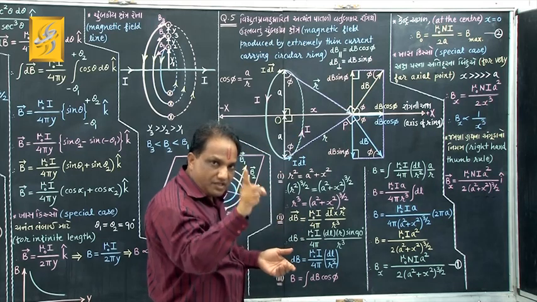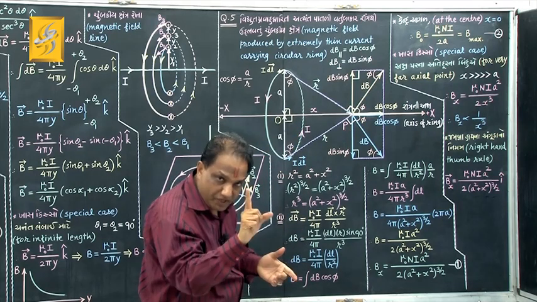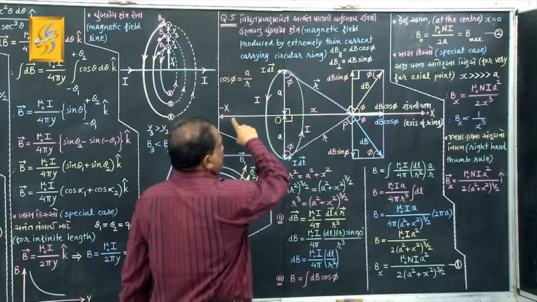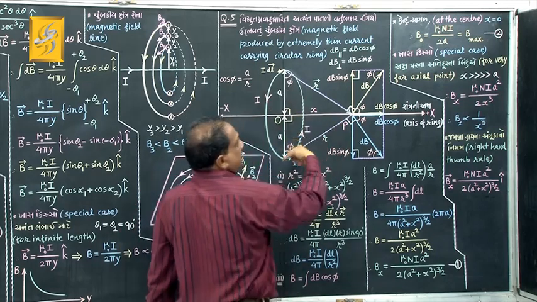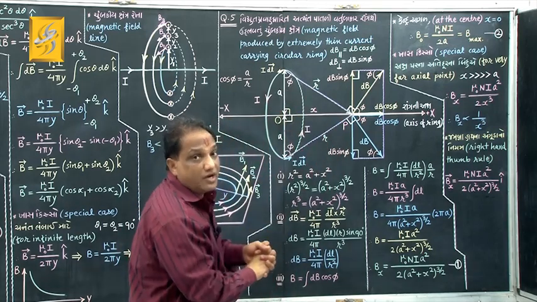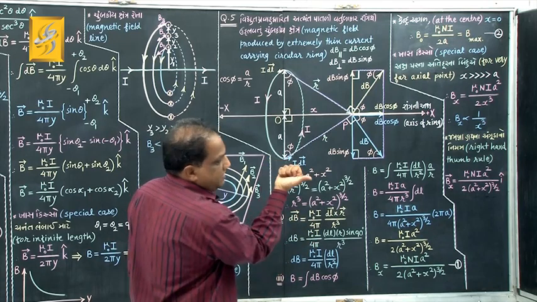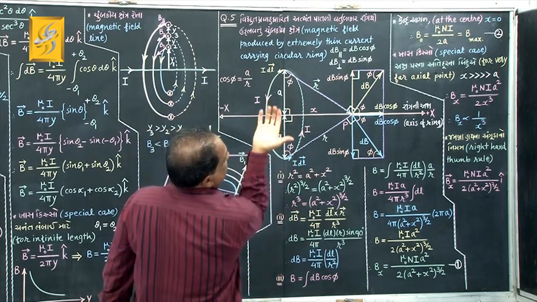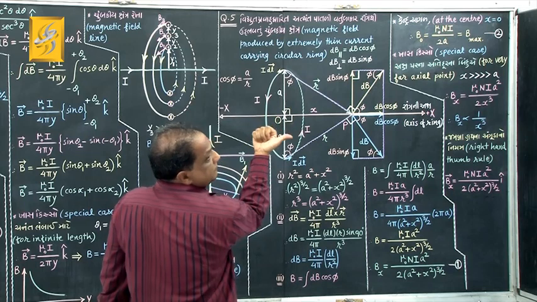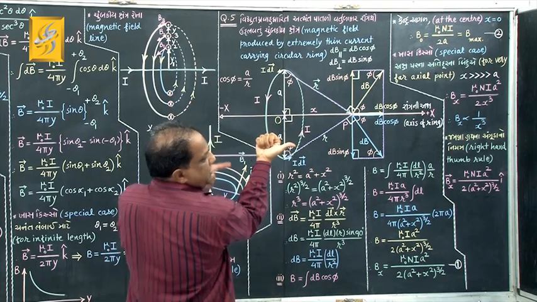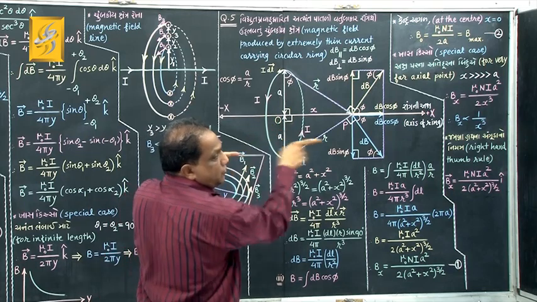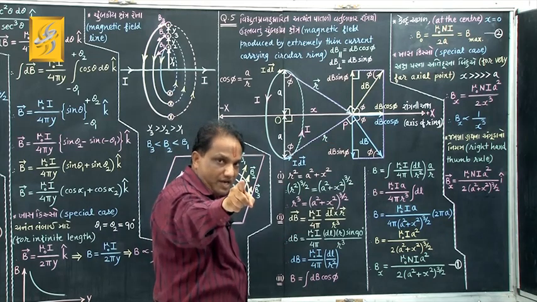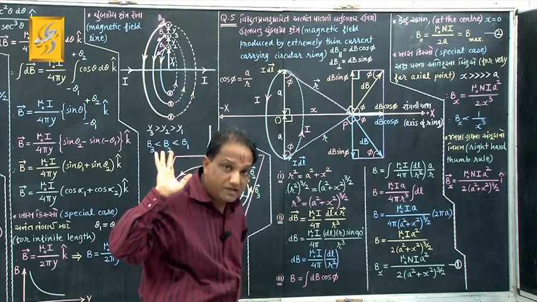In the same direction there is the magnetic field. I repeat, hold the axis of the extremely thin current carrying circular ring in the right hand palm such that the fingers take the turn in the direction of current. Then whatever direction is shown by the thumb parallel to the axis, in the same direction there is the magnetic field produced by that ring.